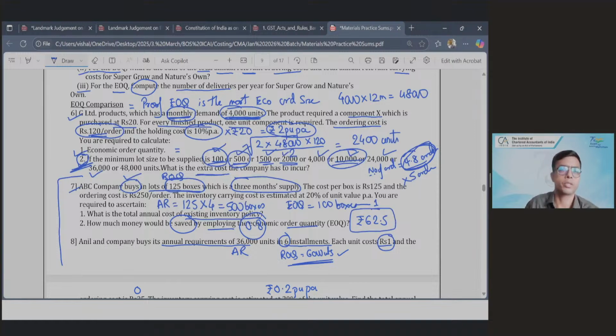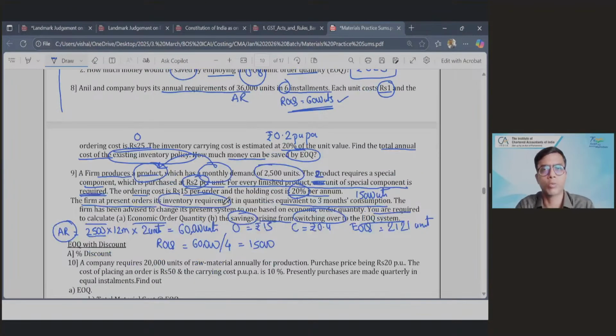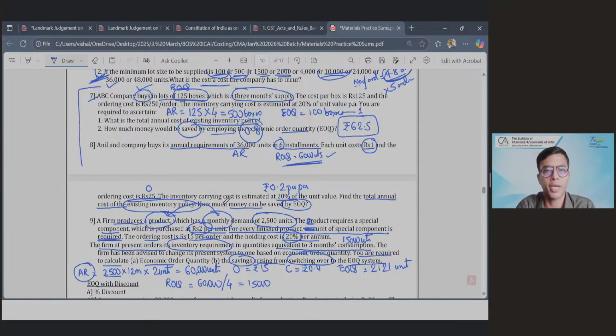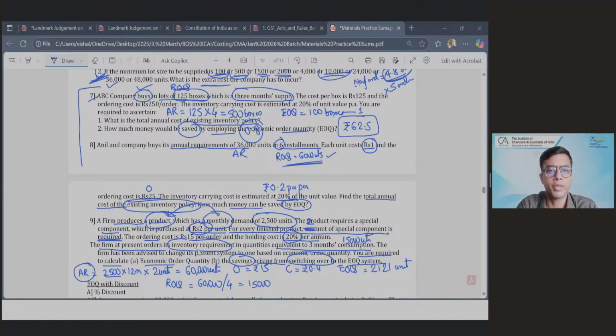Somebody has given me 62.5. Eighth and ninth we have discussed orally, but if somebody wants, you may solve it in this 10 minutes break and give me the answers. After the break, we go to a very interesting part in your EOQ calculation. Harsh, beta, I'll answer you after the break, right? Chalo, let's have a 10 minutes break.